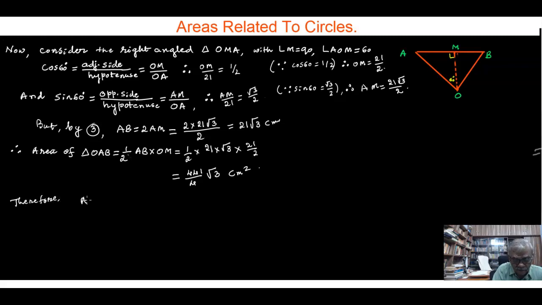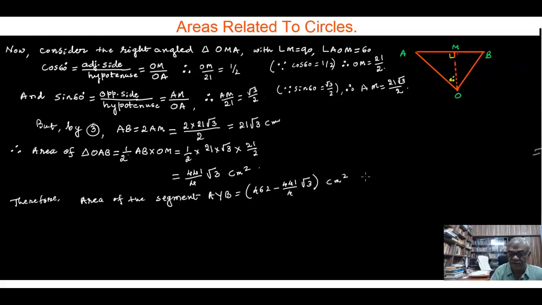Therefore the area of the segment AYB equals 462 minus 441 by 4 into root 3 centimeter square.